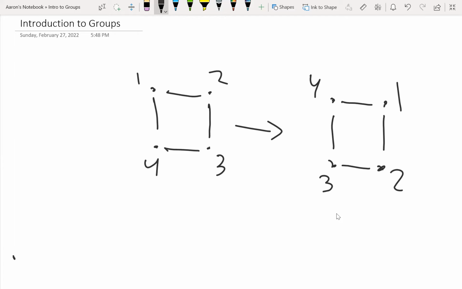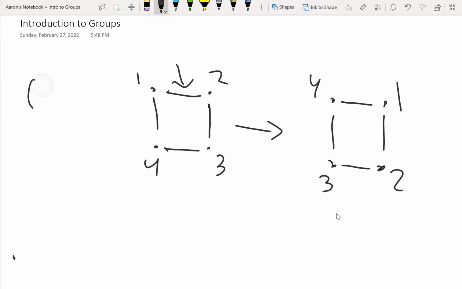Exactly right, but it's a mapping of nodes that preserves the edges. So if we describe the edges in terms of, this edge right here, rather than being between 1 and 2, we say this is the edge between the first vertex and the second vertex.